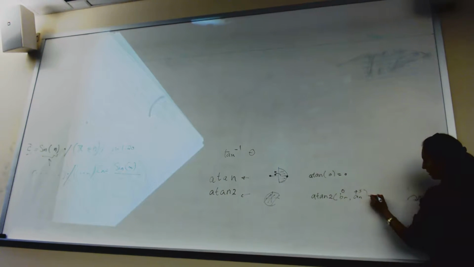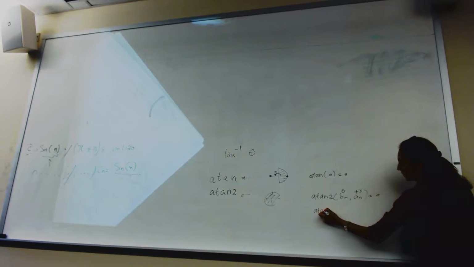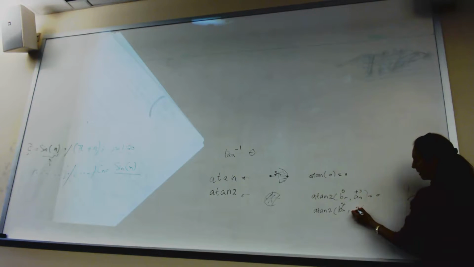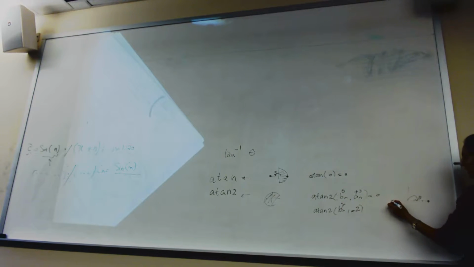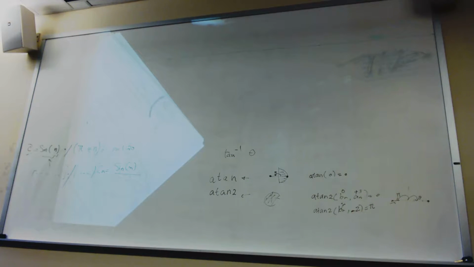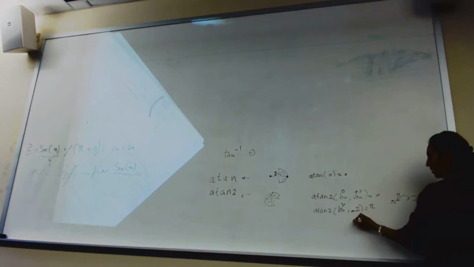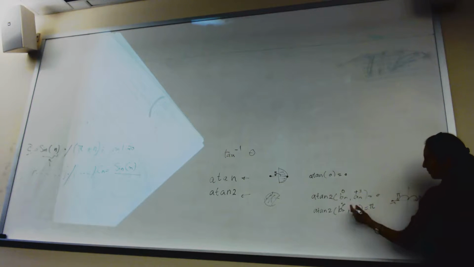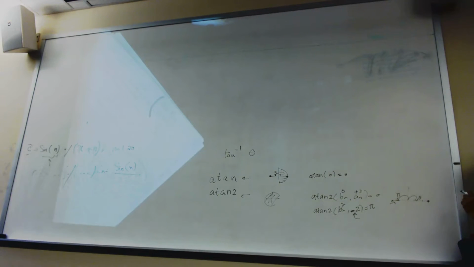But if you say atan2 with bn 0 and a negative an, negative 2, then it's going to give you pi. In your example we were working with pi because it was negative. So put any negative here and it's going to give you pi. That's the difference.